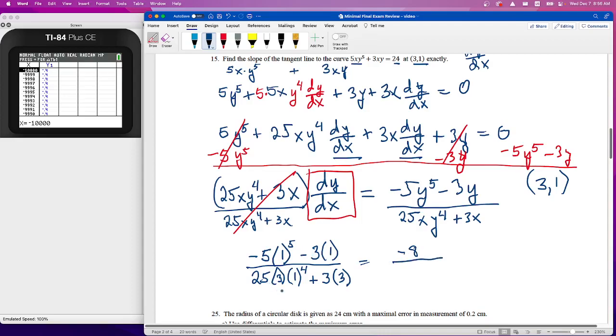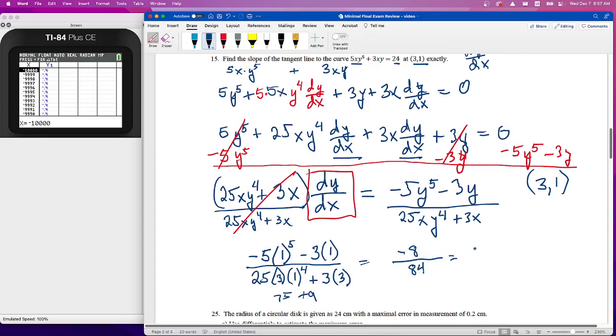And the denominator, we got 25 times 3 times 1. That's going to be 75 plus 3 times 3 is 9. That's 84. Now that's correct, but it can be reduced. Let's see. Does 4 go into 84? I don't know.